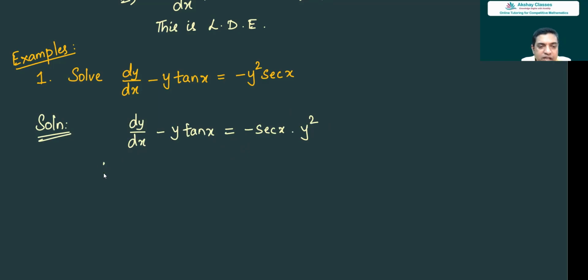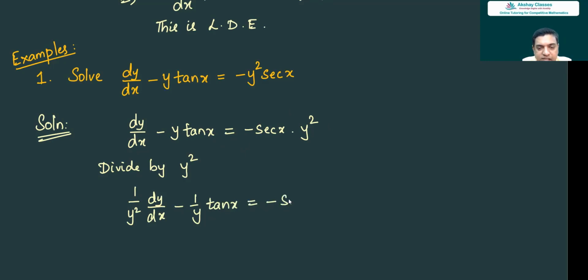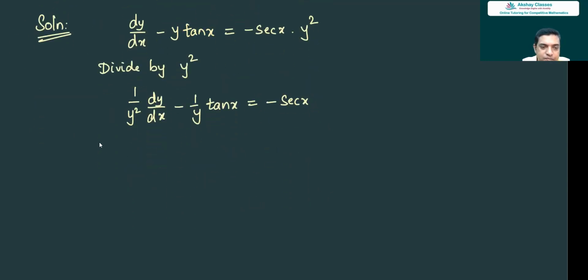So what should we do? Divide by y square. So 1 upon y square dy by dx minus 1 upon y tan x is equal to minus secant x. Now substitute minus 1 by y is equal to u, because you have to get a plus sign here. So minus 1 by y is plus u.